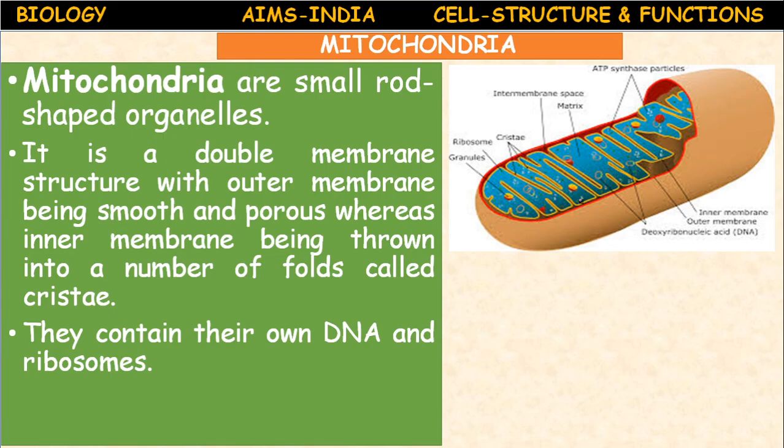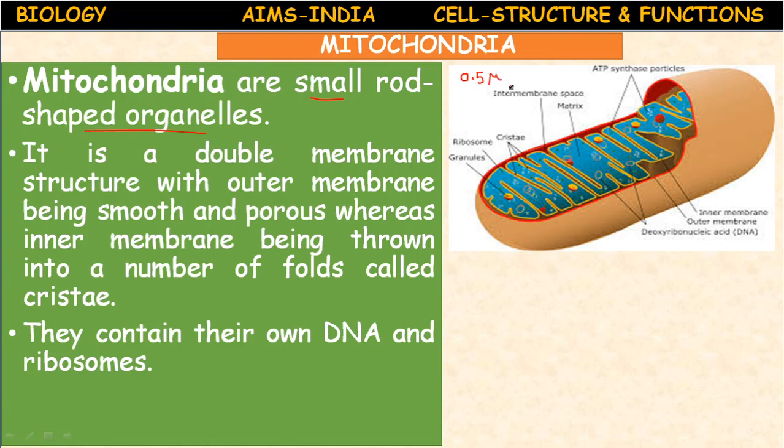If you see the structure, mitochondria are small, rod shaped, spherical or cylindrical organelles. Generally, a mitochondrion is 2 to 8 microns long and about 0.5 microns wide, very small.